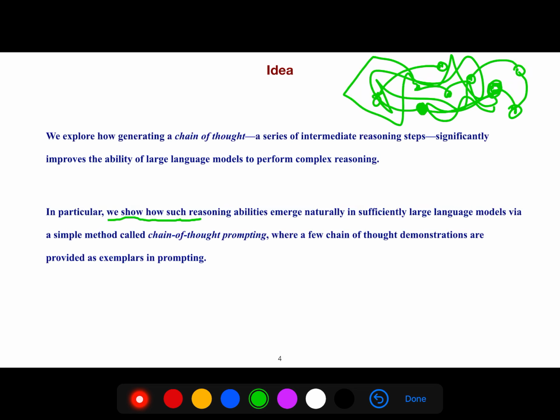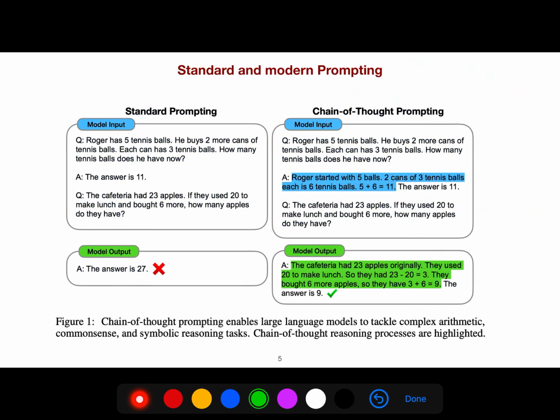We show how such reasoning abilities emerge naturally in sufficiently large language models via a simple method called chain of thought prompting, where a few chain of thought demonstrations are provided as exemplars in prompting. The standard prompting is very naive. It provides very spurious results, so the answer is not reliable.